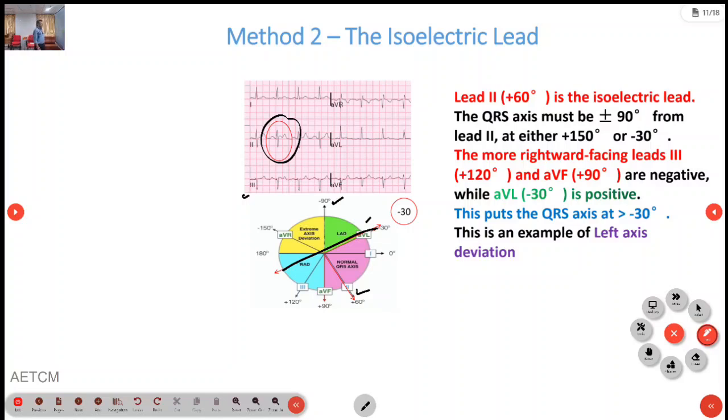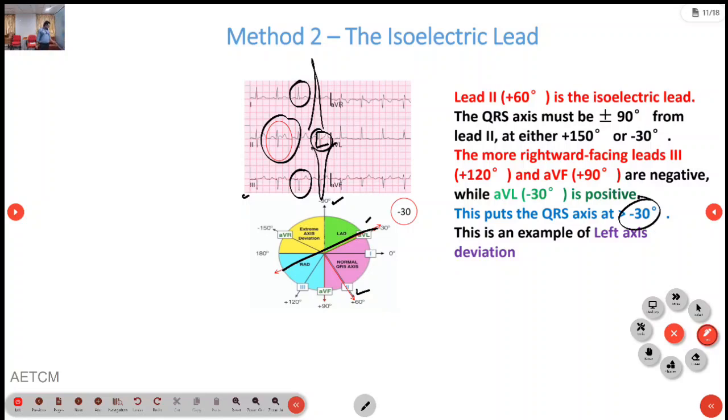Now, apply the first method here. Take 1 and 3. They are leaving away from the center. Leaving away from the center is left axis deviation. The same thing is written here also, but here you can tell the axis exactly, it is less than minus 30. That is the only advantage.